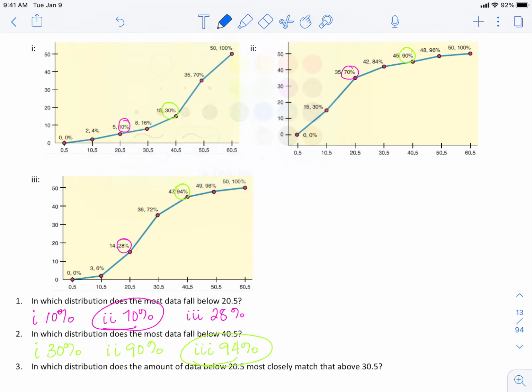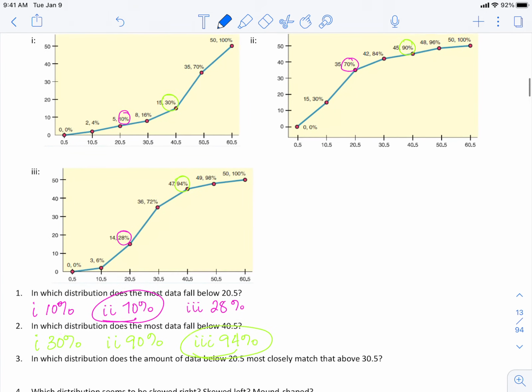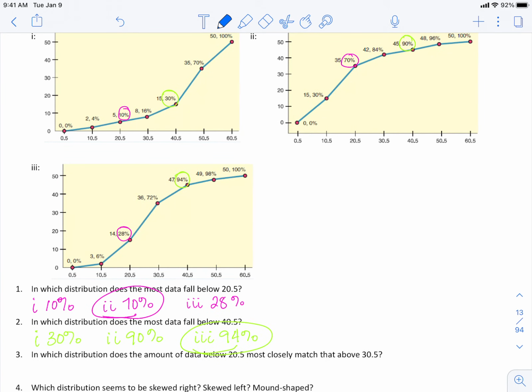Our last question, in which distribution does the amount of data below 20.5 most closely match that above 30.5? So now we're looking at the data that is above 30.5. So let's check this. Here, the first one at 30.5, there's 16%.